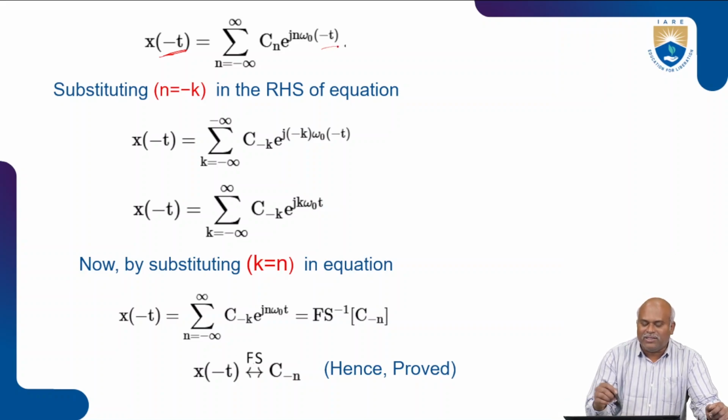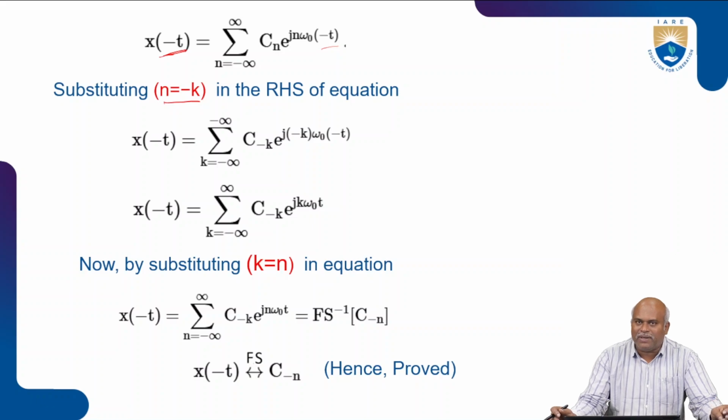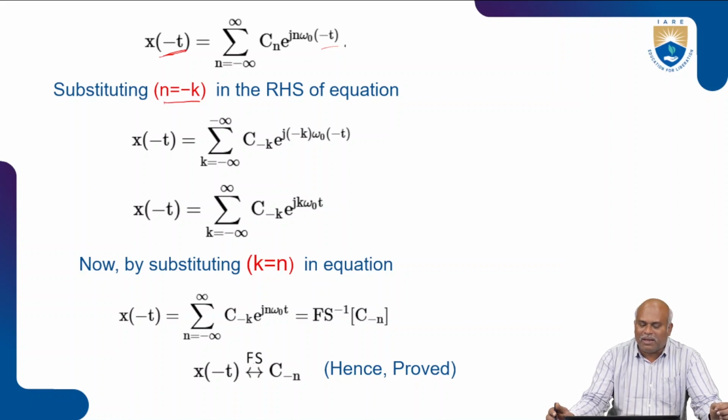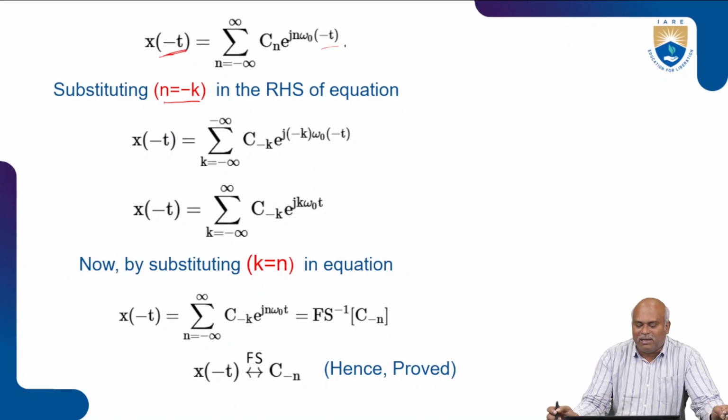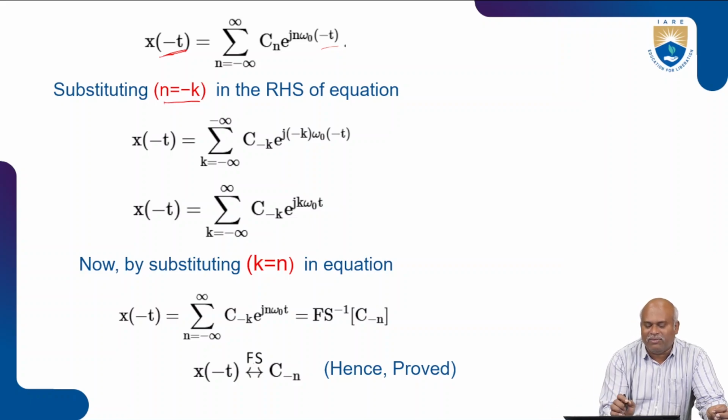Now, I take n equal to minus of k, because we need to express the time reversal property. Then, in the right hand side of the equation, n is there, so I write minus of k. I take only the right side form.